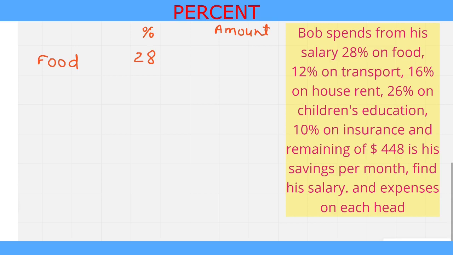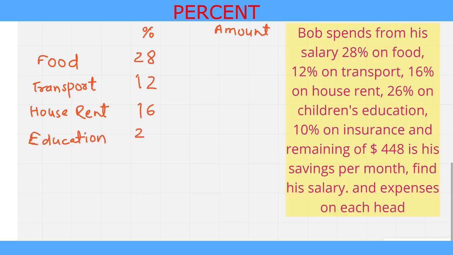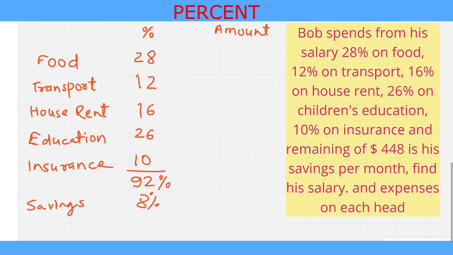Food is 28%, transport 12%, house rent 16%, education of children 26%, insurance 10%. The sum of all these expenses is 92%. So if we subtract 92 from 100, which is his salary 100%, then savings will be 8%, and 8% is equal to $448.